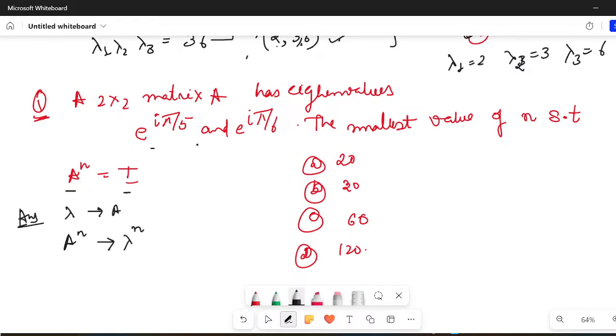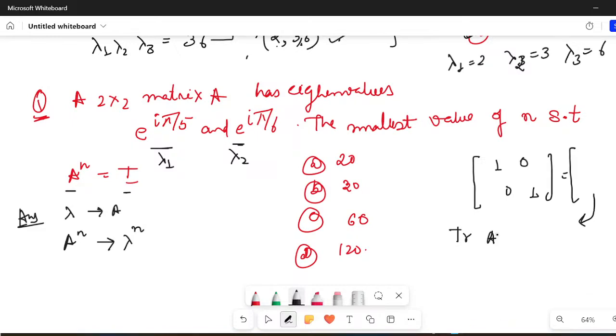And now you have this and this. There are two eigenvalues. Let us denote them by lambda 1 and lambda 2. And here you have this identity, which is 1 1 0 0, equals this. Now the trace of matrix A raised to power n would be lambda 1 raised to power n plus lambda 2 raised to power n.